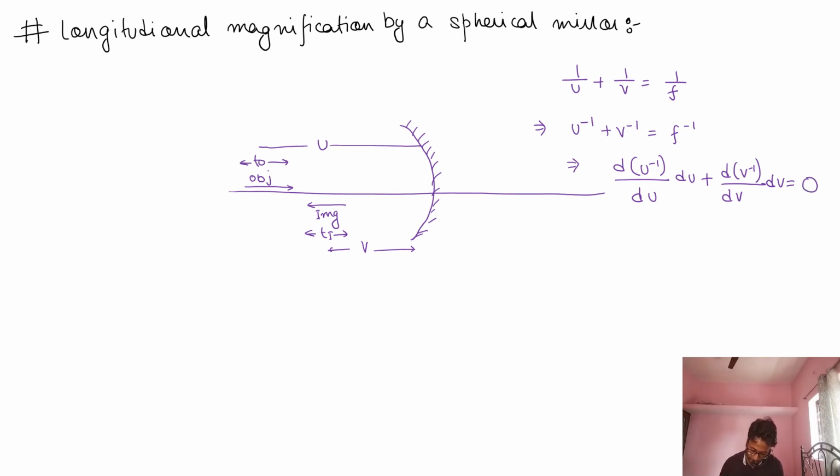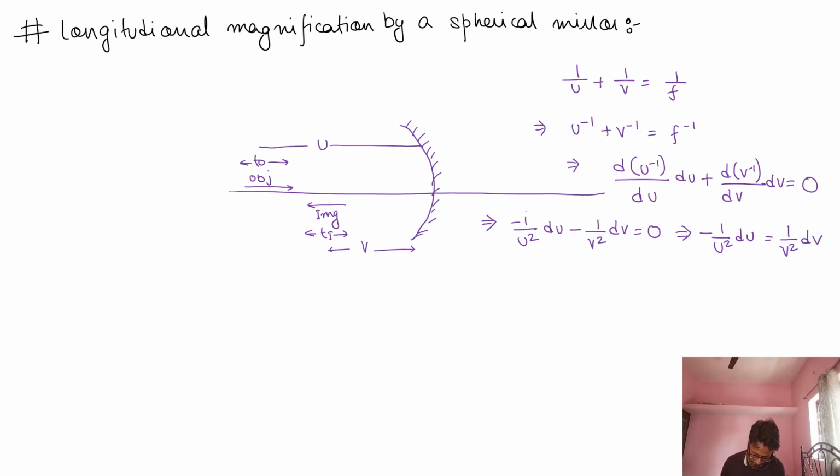So when I differentiate this, the differentiation of u inverse would be minus 1 by u square du, minus 1 by v square dv is equal to 0, or out here, minus 1 by u square du is equal to 1 by v square dv.